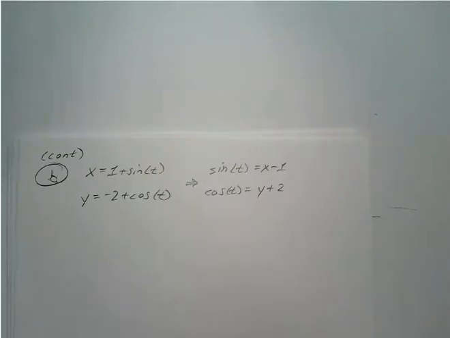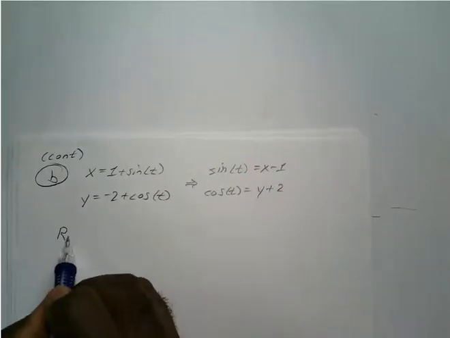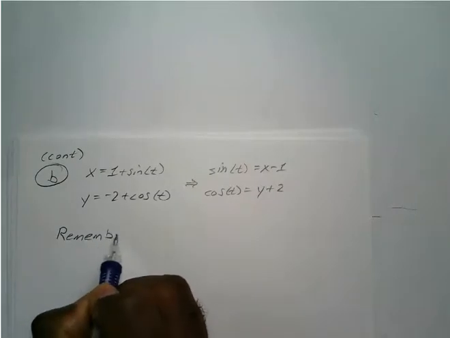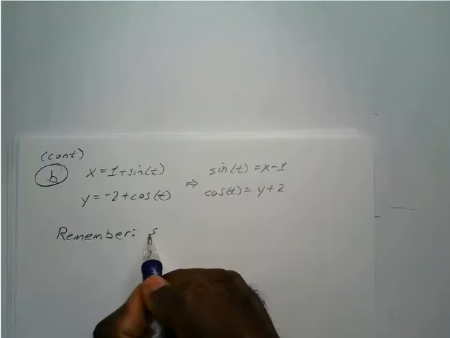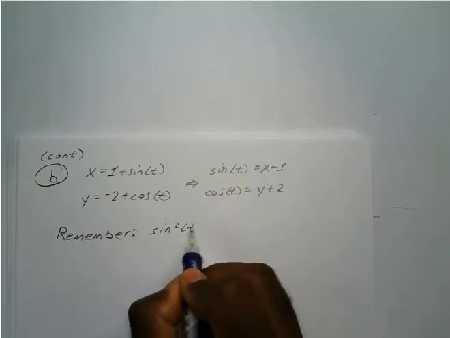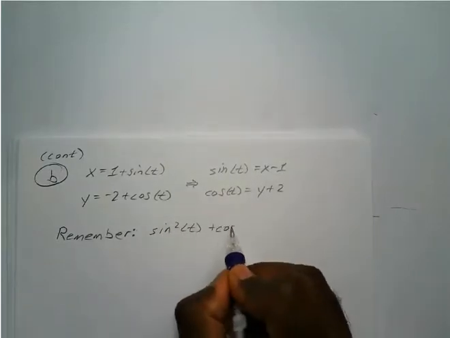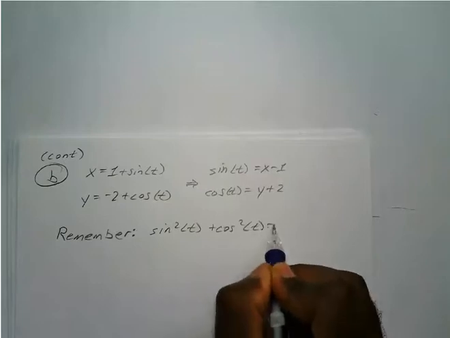Okay. So if you don't know where to go from here, don't feel bad. You have to kind of go back to your intermediate algebra or pre-calc formulas. So if you remember, sine squared of t plus cosine squared of t is equal to 1.